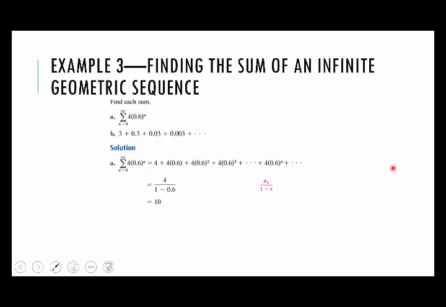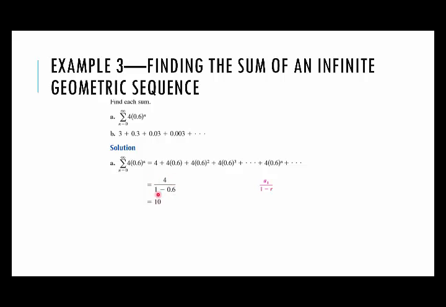So in this case, my sequence would be 4 times 0.6 to the first power, then 4 times 0.6. And notice they told us to start with 0 plugging it in for n. So by doing so, 4 times 0.6 to the 0 power, then 4 times 0.6 to the first, to the second, to the third, and so on and so forth.